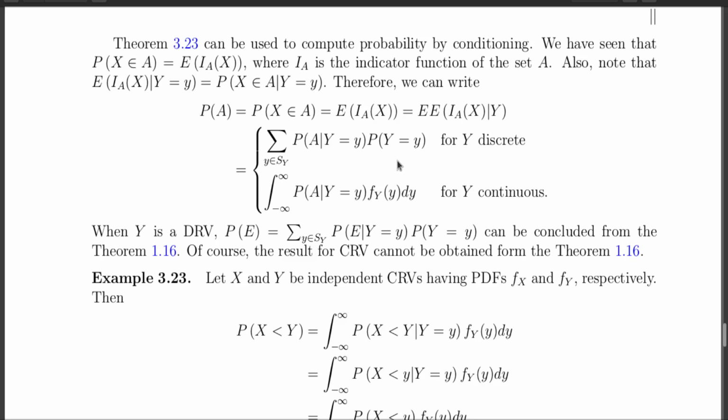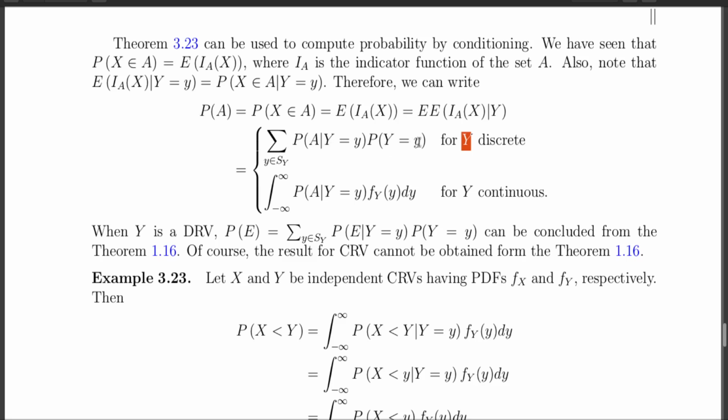Notice that when Y is discrete, this is exactly the theorem of total probability. We can get this using the theorem of total probability, because the events Y equals y are disjoint for different values of y, and the collection of these events is countable.